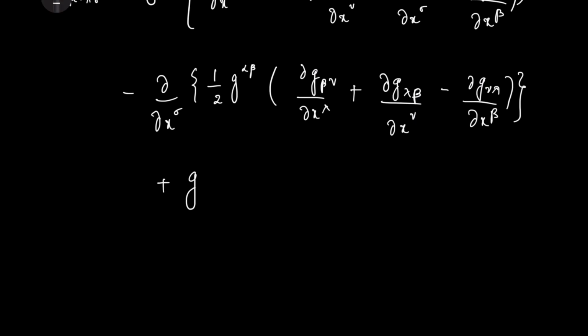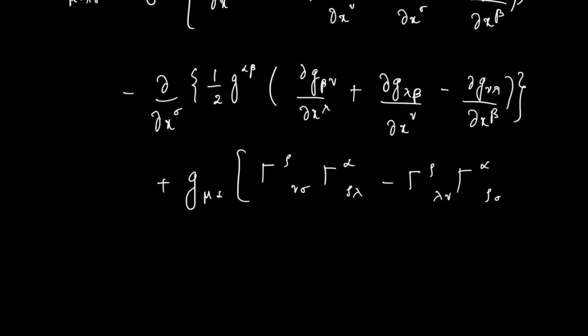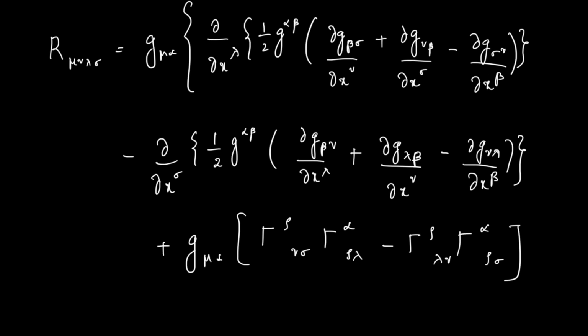So I'll write g mu alpha multiplied by Christoffel symbol rho nu sigma, alpha rho lambda, minus Christoffel symbol alpha rho sigma. So this is our new expression.